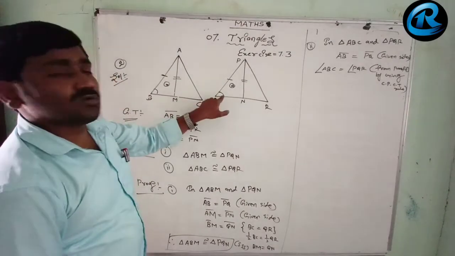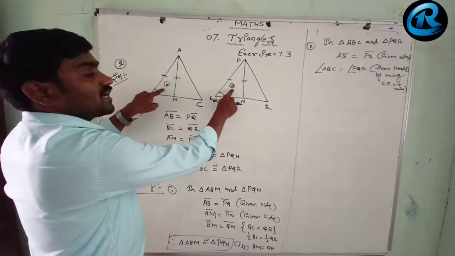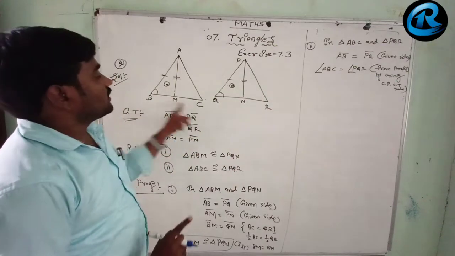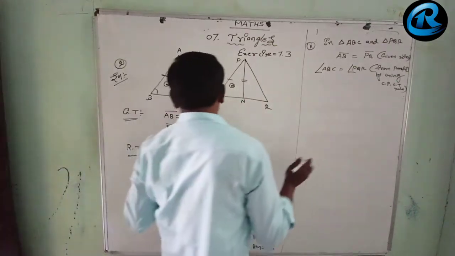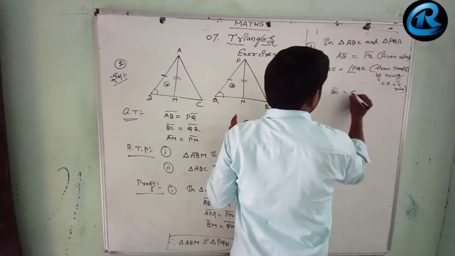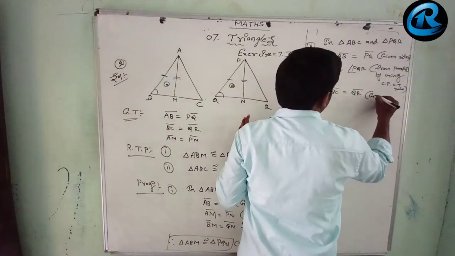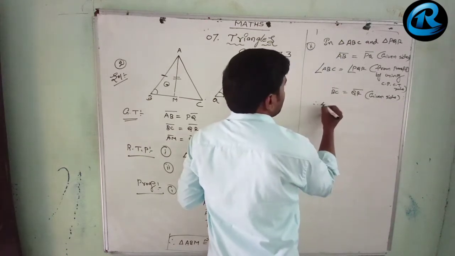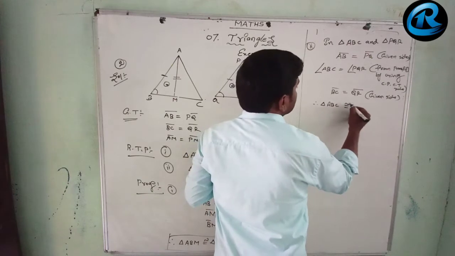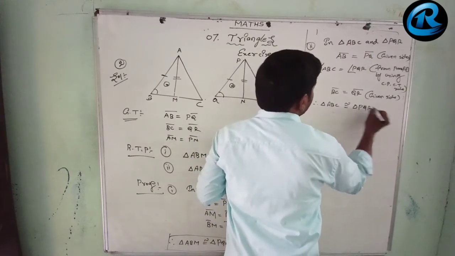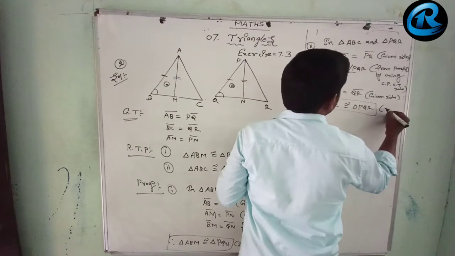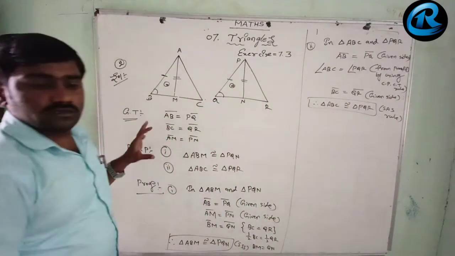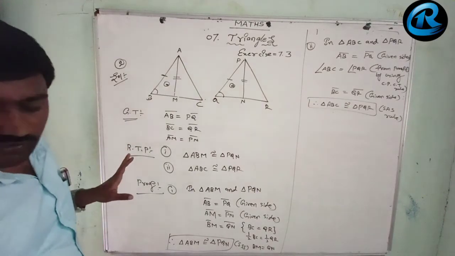Here angle B equal to angle Q, because these two triangles are already congruent, so the corresponding parts will be equal. Then again BC equal to QR, already given side. So at last we have proved that triangle ABC is congruent to triangle PQR by the side angle side rule. Hence proved.